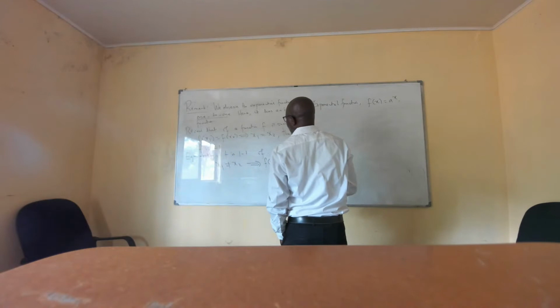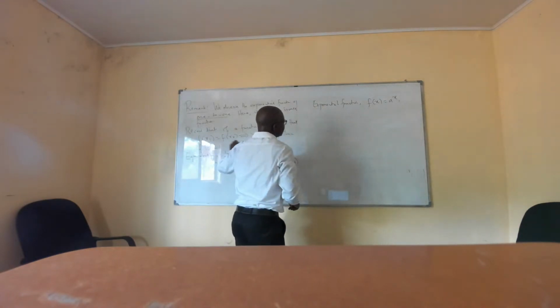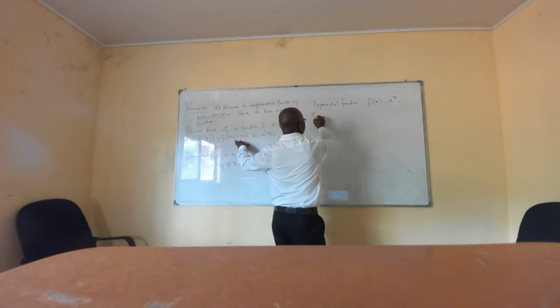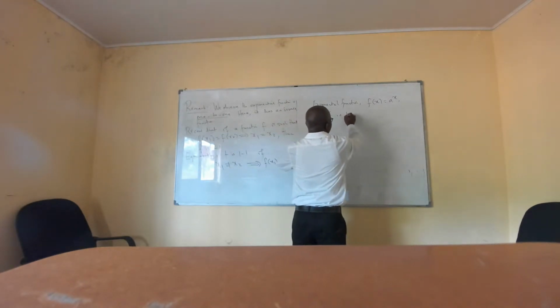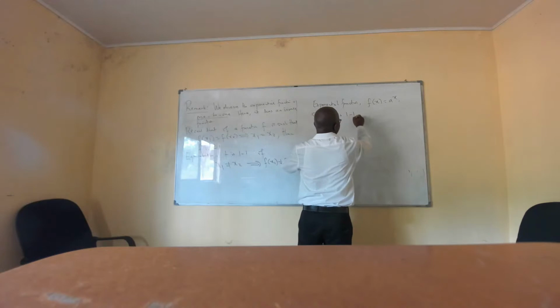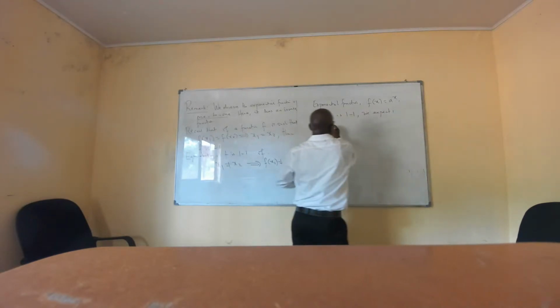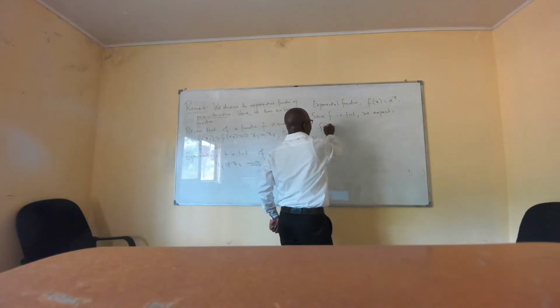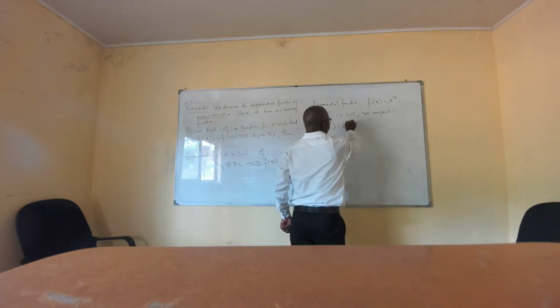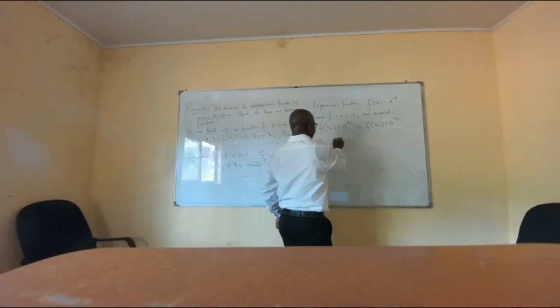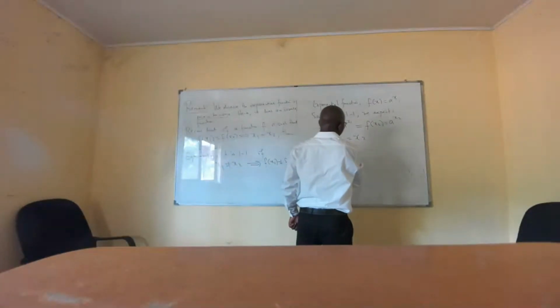So since f is 1-to-1, we expect that if f at x1, which is a to the power x1, equals a to the power x2, then x1 equals x2.